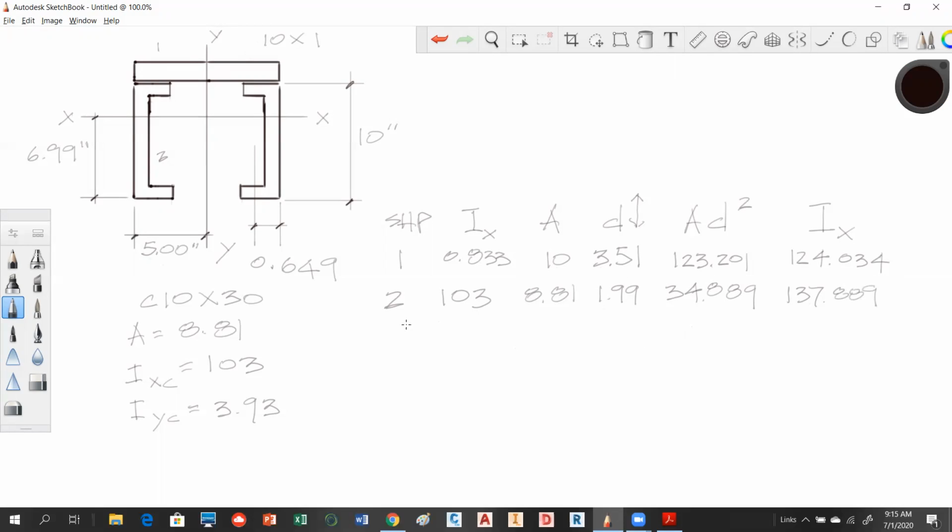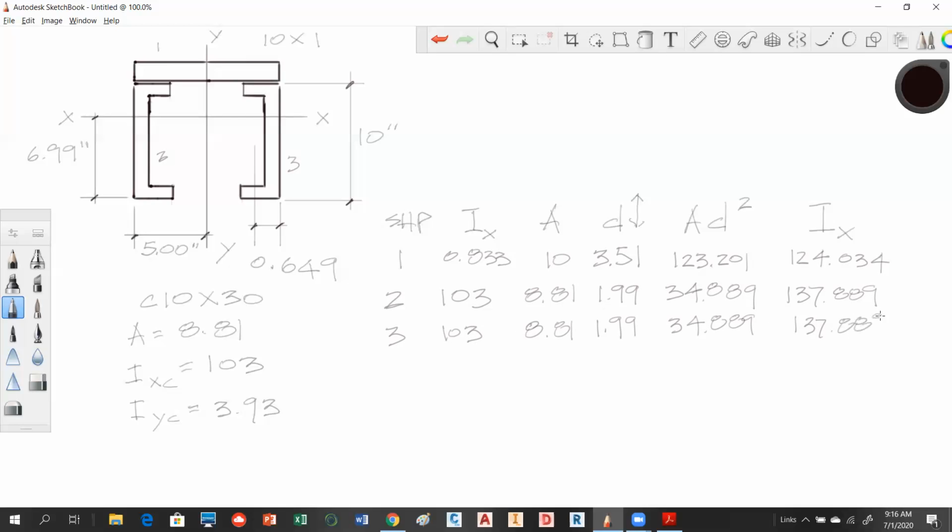137.889. So this is shape 3. So for 3, again, moment of inertia, it's 103. Area is exactly the same. D distance is exactly the same. So therefore, AD squared is the same. And then ultimately, our calculation here is the same.